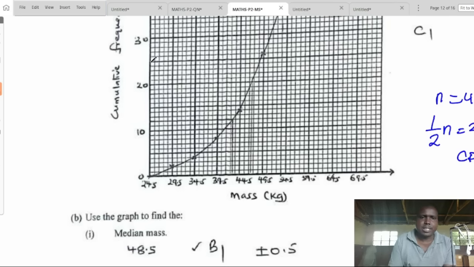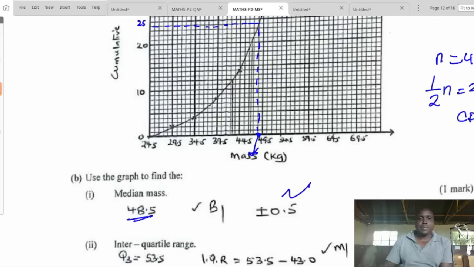This is 20, 25. So 24 is here. You draw a dotted line to the CF, and then you draw down here. So you read here, and that is the answer, the mass for the median marks is 48. That's how you do it, very simple.